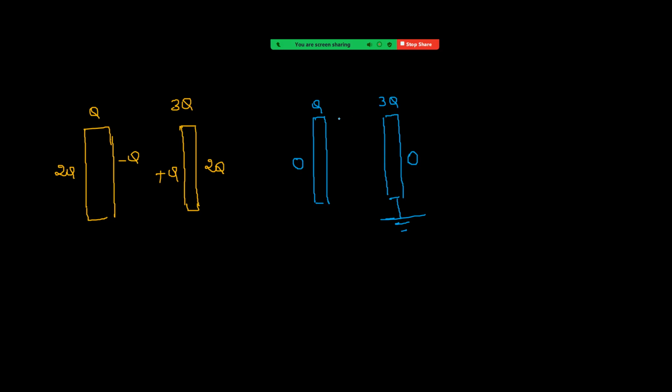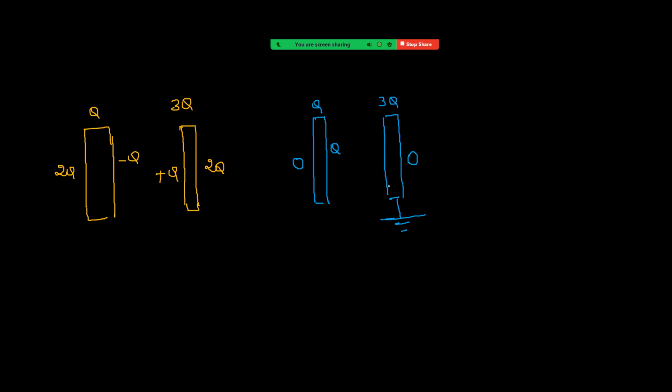Now coming to the left conductor, total charge is a constant. So it must be Q. Okay. But remember, for the right conductor, total charge is not constant because it is grounded. There is a connection to ground.